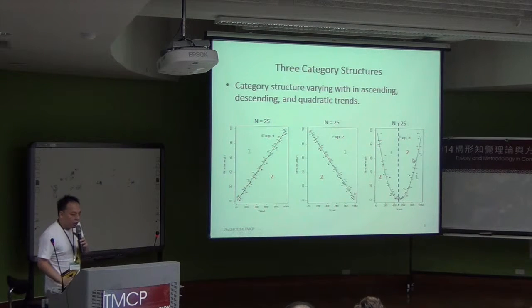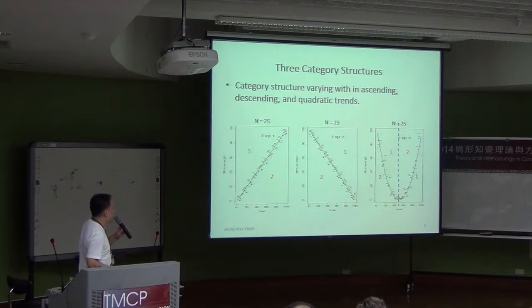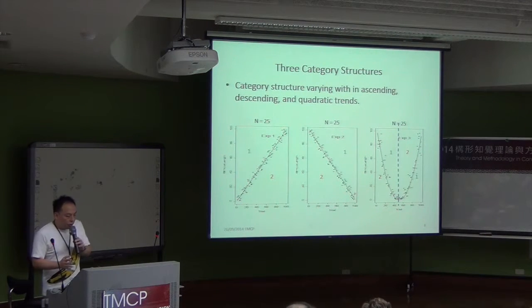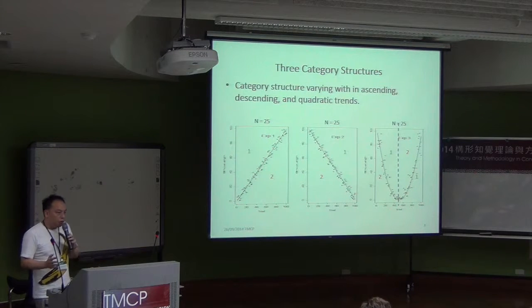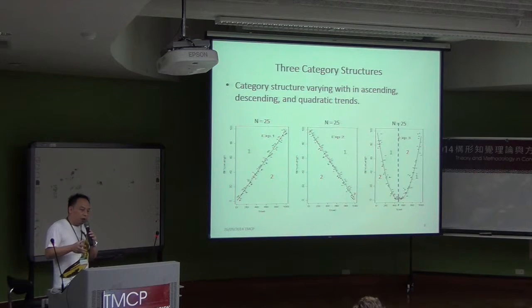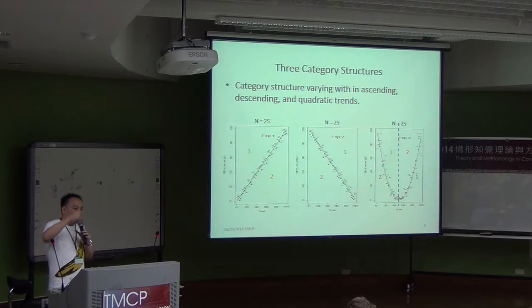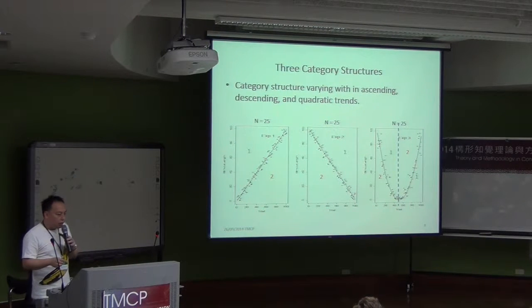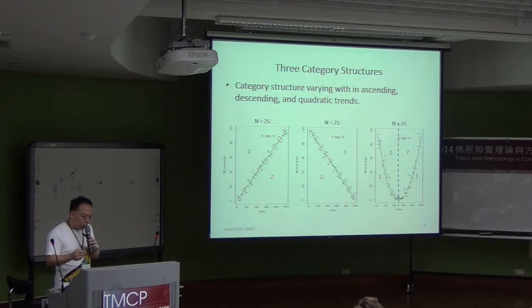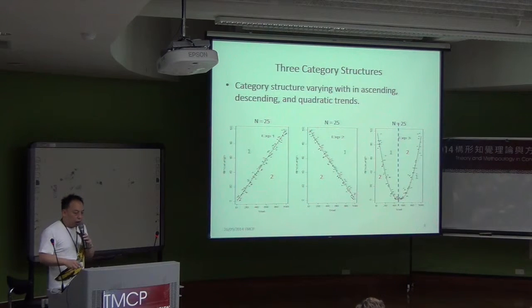However, the tricky one is experiment 3. In this one, we use a quadratic category structure. And I also split the whole learning phase into 2 parts. In the first section, category 1 is above category 2. Then in the second session, this pattern just flips, so category 2 is above category 1.